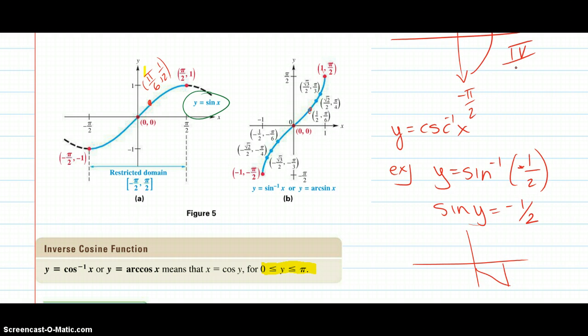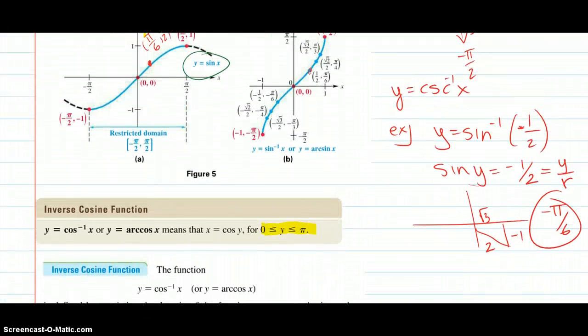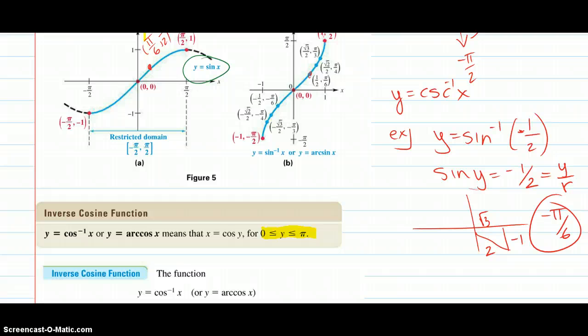But since it's sine inverse, it's only restricted to either the fourth or the first, so we now know it's in the fourth. -1/2, we know the y over r, -1, 2, square root of 3, we know that's 30 degrees, or pi over 6, so -pi over 6, because we want to be from -pi/2 to pi/2. So that would be the definition of sine inverse.